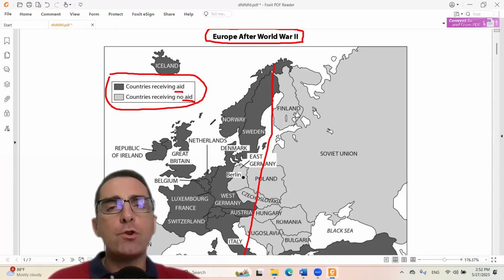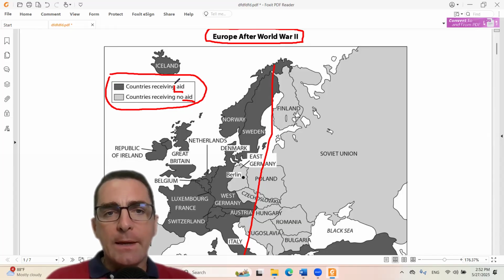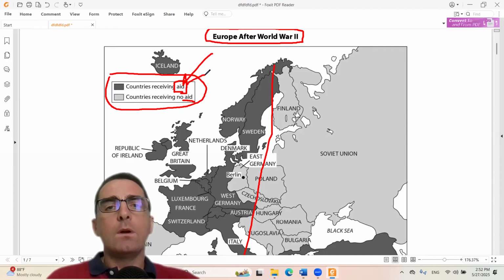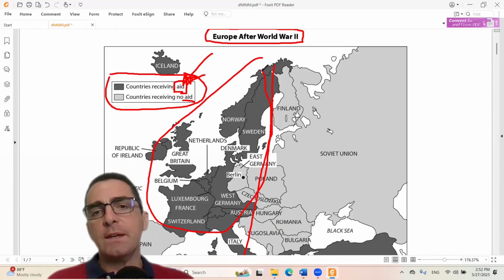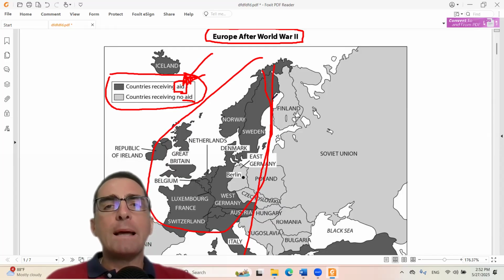I'll repeat that, the Marshall Plan. Now, what that was, was economic aid given by the US to its ally partners in Western Europe. So all of these countries received aid from the Marshall Plan.